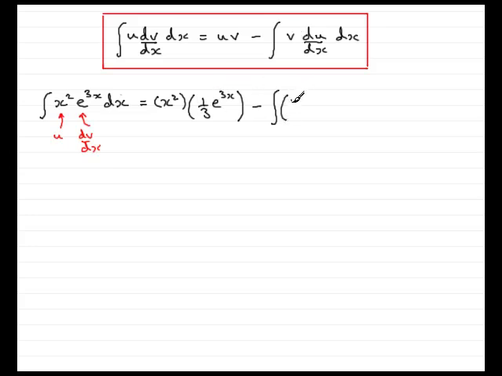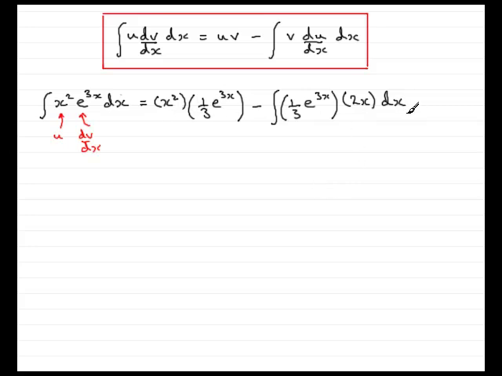So we just put 1/3 e to the 3x, and then we just need to multiply this by du by dx. So we need to differentiate with respect to x the u part here. So differentiating x squared is 2x. And then don't forget to put dx on the end.